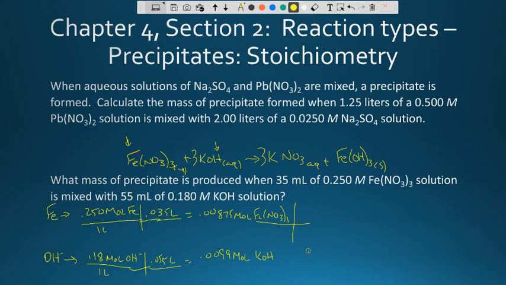Now let's go from moles of my iron nitrate. I saw I had 1 of those, 1 mole of iron nitrate, to my precipitate, which is 1 mole of my iron hydroxide. And so I end up with that. I end up with 0.93. Oh, nope. I got to finish off one more thing, don't I?